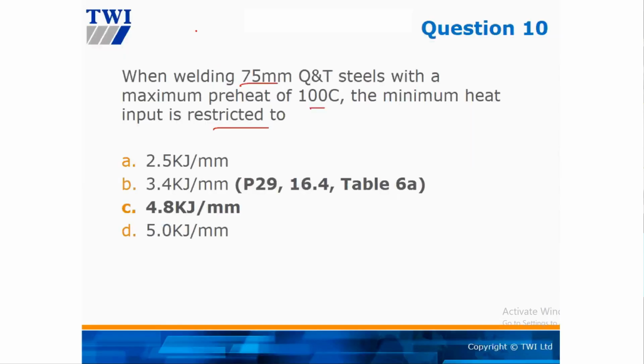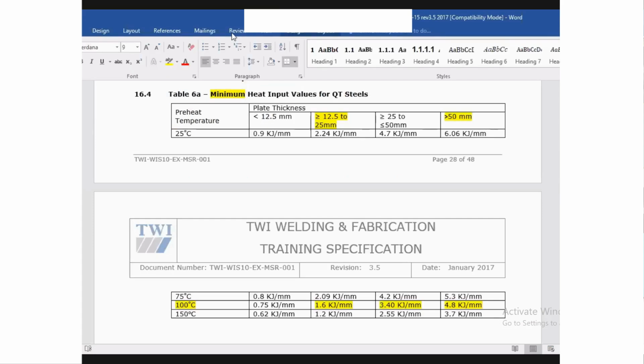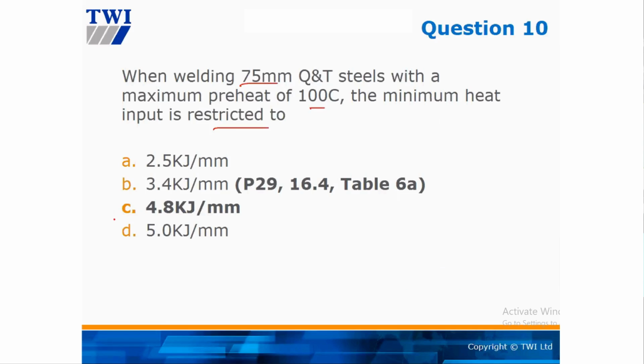The thickness is 75. So when the thickness is 75, it's more than 50. So you got 4.8 kilojoule. Right, 4.8 kilojoule. So the answer given is C. Yeah?